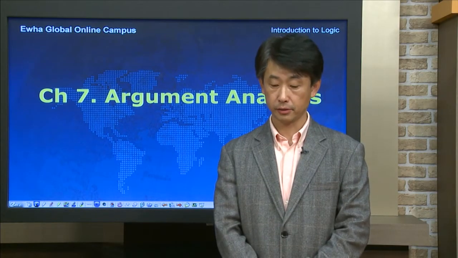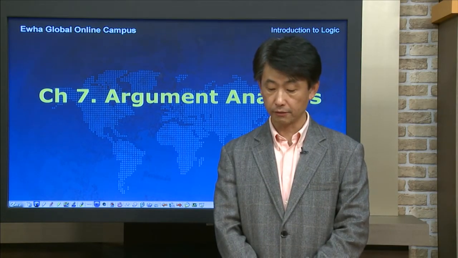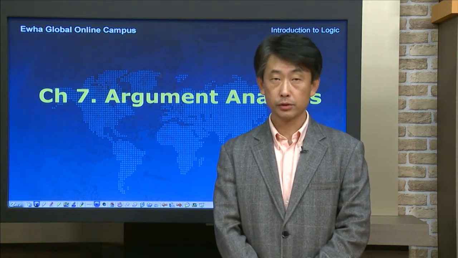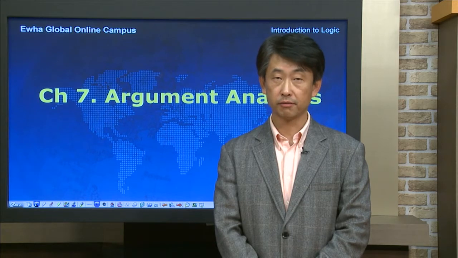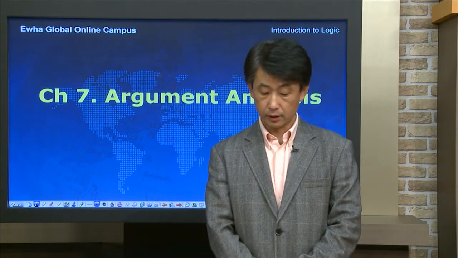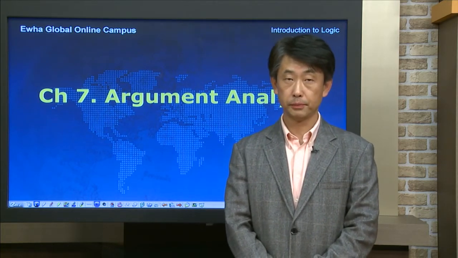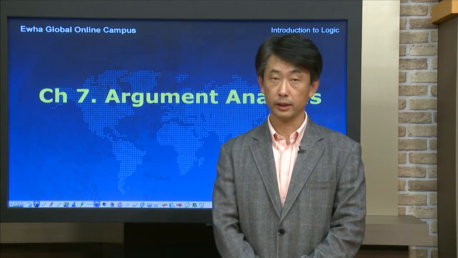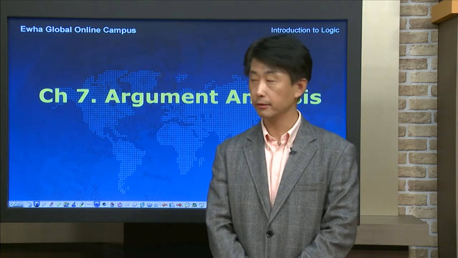Chapter 7 is about argument analysis, advanced argument analysis, and it's a continuation of what we did in Chapter 5. So let's begin with a short review of what we did in Chapter 5.